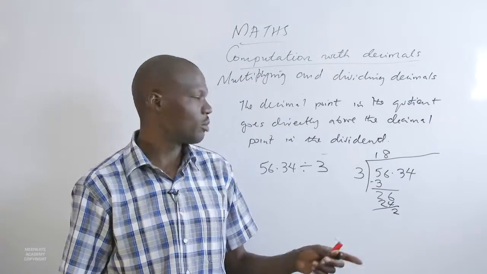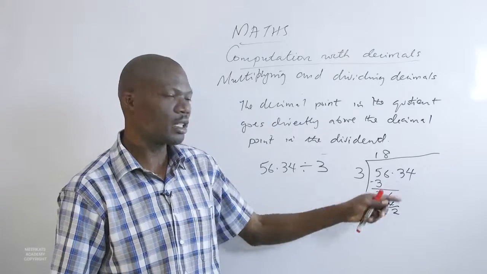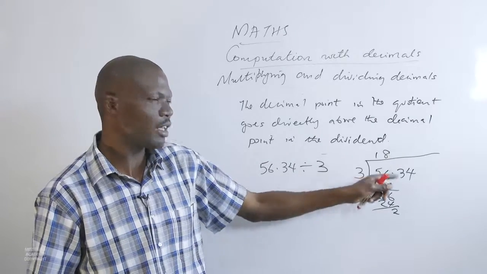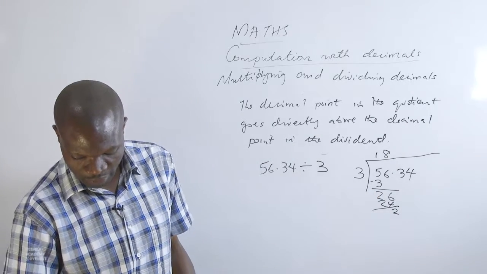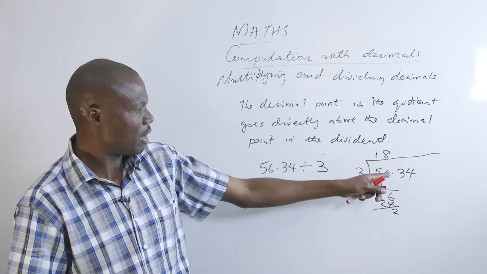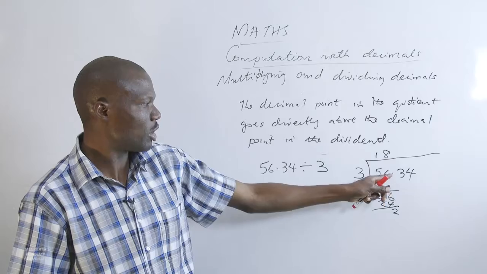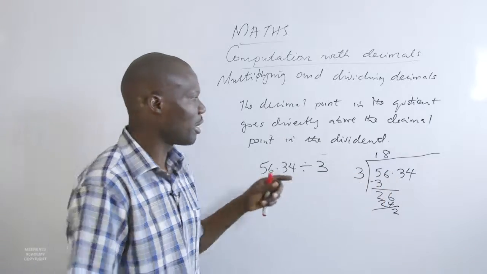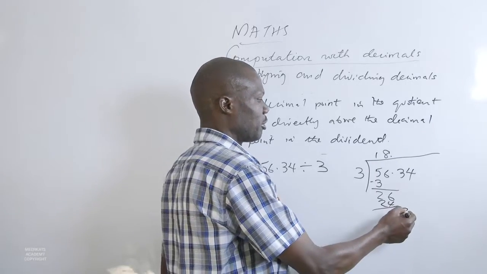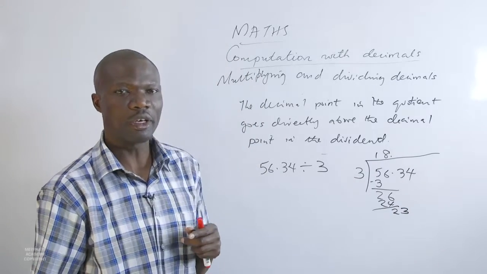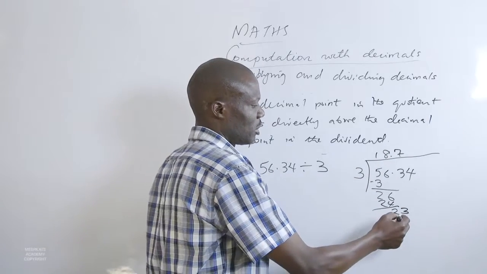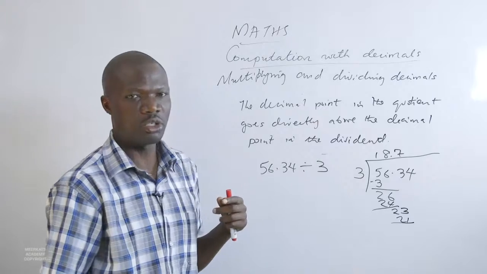You do not need to bring the decimal point. We are interested in the digits, but we are saying the decimal point comes directly above the decimal point in the dividend. So at this point, we expect the decimal point to come right there. So when we bring 3 down, then 23 divided by 3 gives us 7, which is 21, remaining 2.